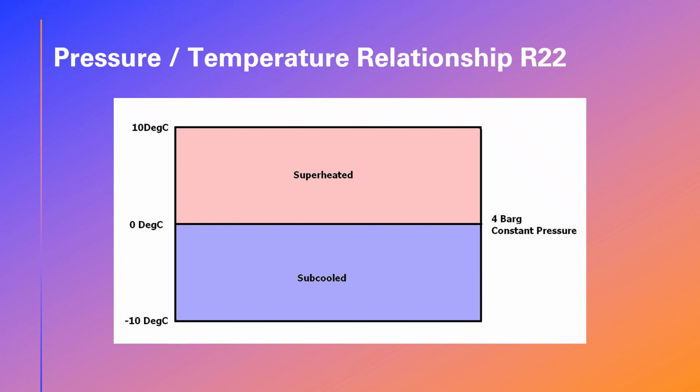Here we have the same diagram representing the pressure temperature relationship for R22, and you can see that we have the same line at 0 degrees C and 4 bar G constant pressure. This once again we know as the temperature saturated line or TSAT.